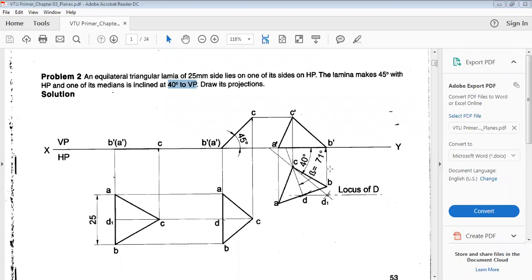Now I'll repeat once again from the beginning. First and foremost, before we start, you should think about whether the problem is basic, beta or alpha. Based on that, you will start doing it. For example, if the median is inclined, then it is alpha or beta.